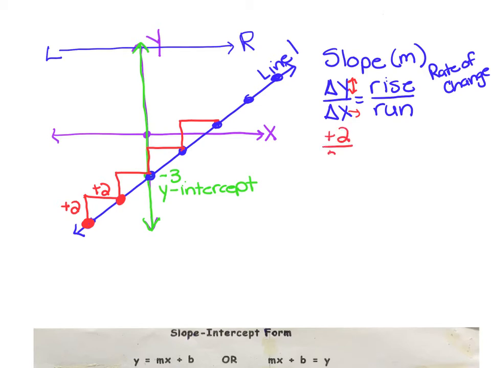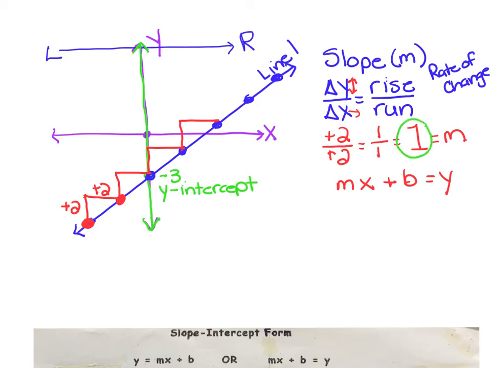A +2 over a +2, which reduces to 1 over 1, which is an M value, or a slope of 1. So as I go to write the equation for this particular blue line, line 1, we would use mx plus b equals y as our guide to set up this equation.